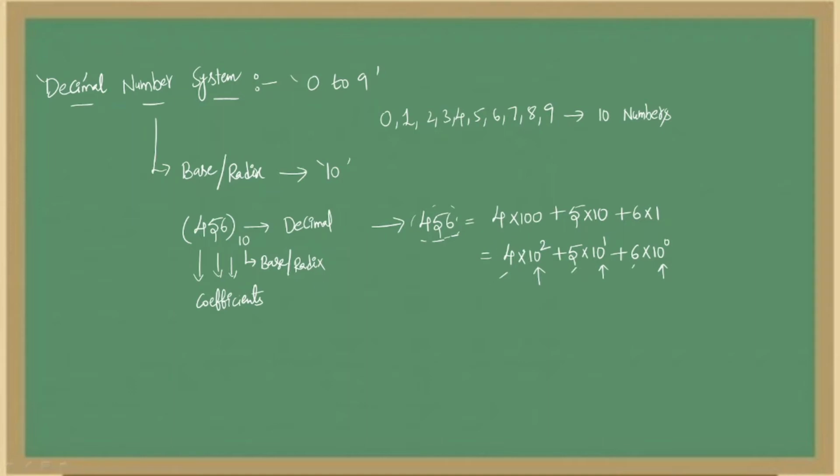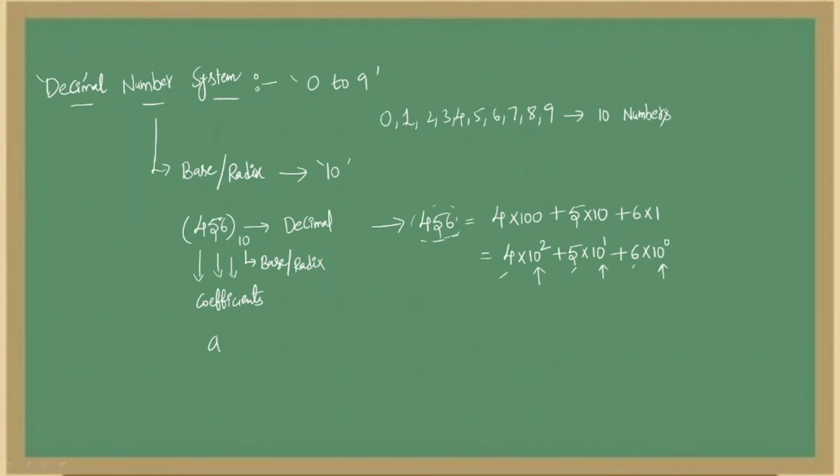So the product of coefficients and powers of 10 must be added in each and every position to get the total number in a decimal number system. Is it right or not? Now I am writing the generalized mathematical expression for an integer value, because 456 does not have any fractional portion.